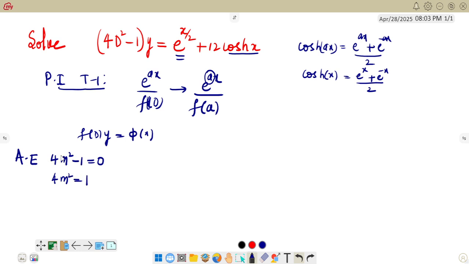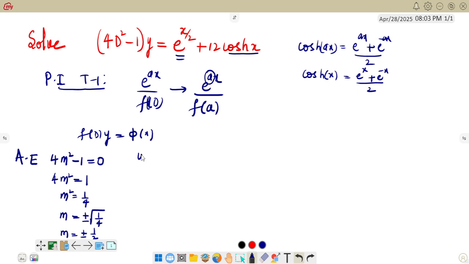Since it is a quadratic equation, we will solve this directly. What is m square, students? m square is 1 by 4. So what is the value of m? Plus or minus square root of 1 by 4, so m is plus or minus 1 by 2. Here the roots are plus 1 by 2 and minus 1 by 2, so they are different roots.